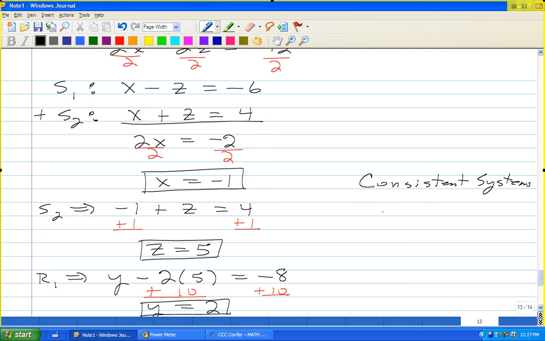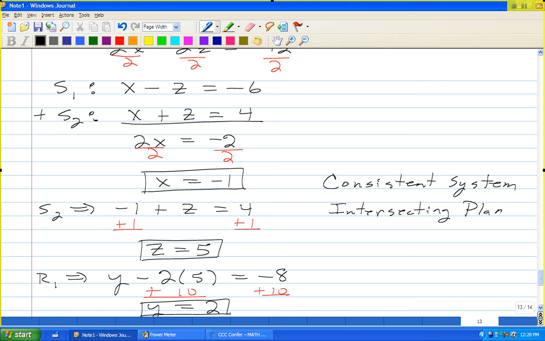These are the cases of intersecting lines. Or I'm sorry, this is 3. So intersecting planes.